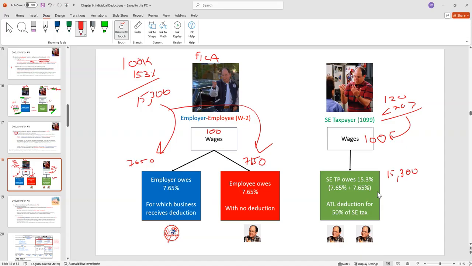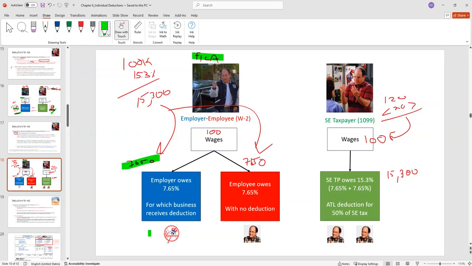Why do we care about this? Well, thinking back to that idea of balance, whenever the Yankees have FICA tax, the employer pays half. In the same way they got a deduction for George's health insurance, they're also going to get a deduction for that half of the self-employment tax they have to pay. Over here with George and the SE tax, it's functionally the same thing.